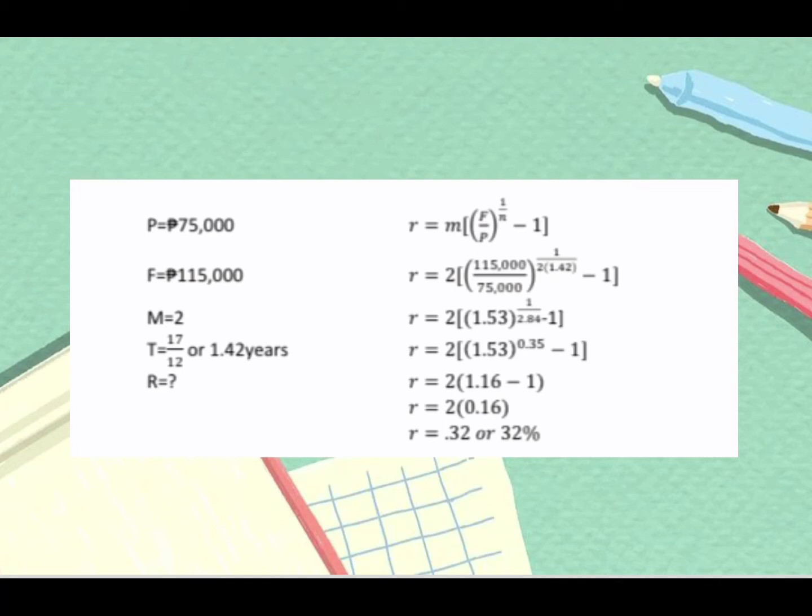R equals M multiplied by the quantity F over P raised to 1 over N, minus 1.